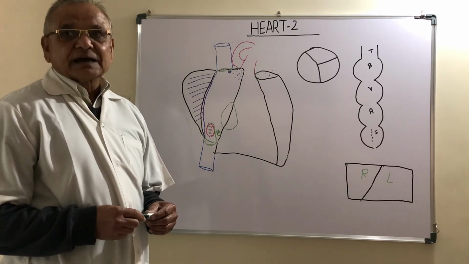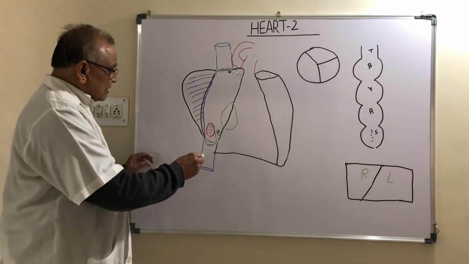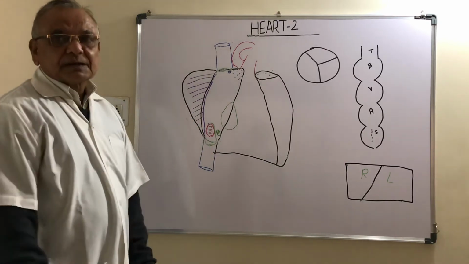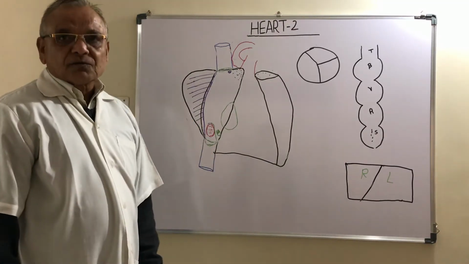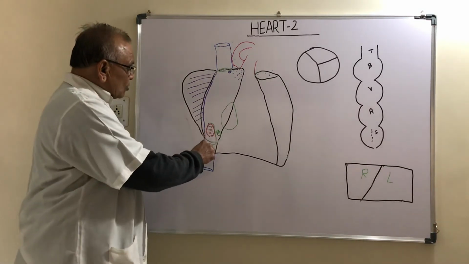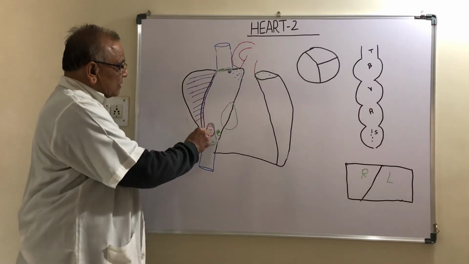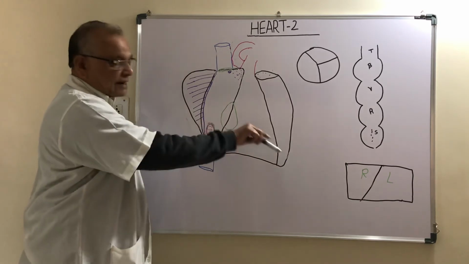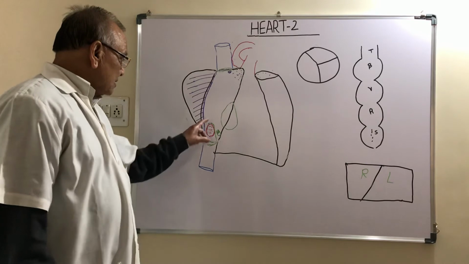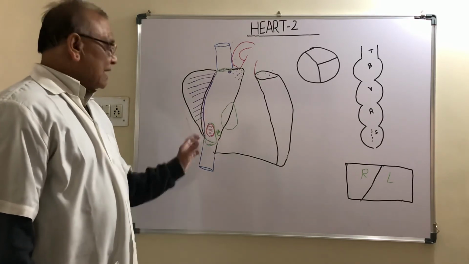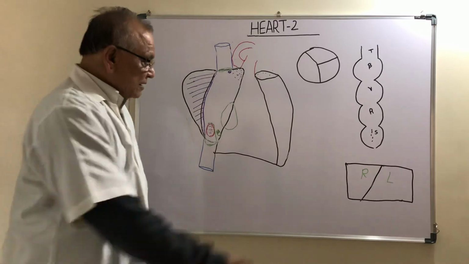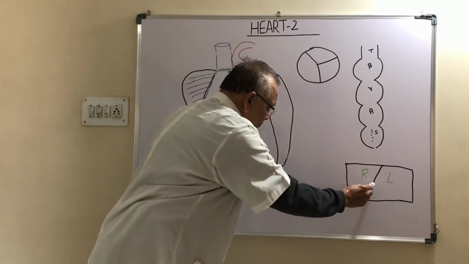So during fetal life, the wall of the inferior vena cava is prominent, and this prominent wall guides the blood of the inferior vena cava through the foramen ovale directly to the left atrium. So blood goes through the foramen ovale directly from the right atrium to the left atrium. Here in the interatrial septum, the opening is present.